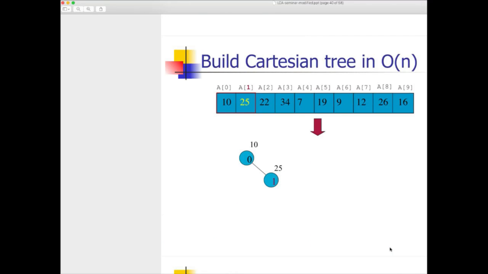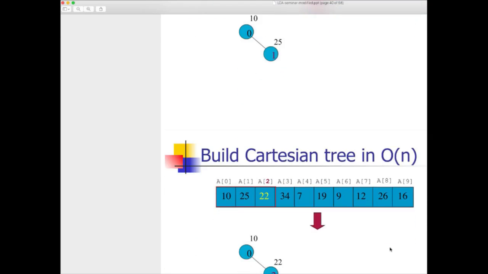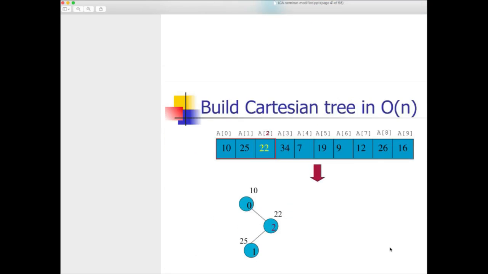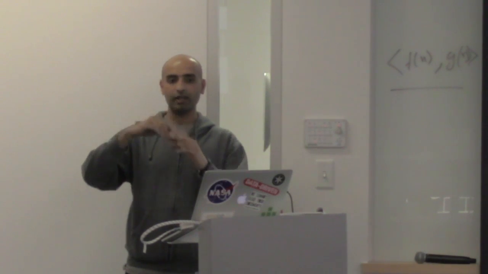Every time you add, you look at the current rightmost node in the tree and compare. You climb up until you find the place where you can insert this node.